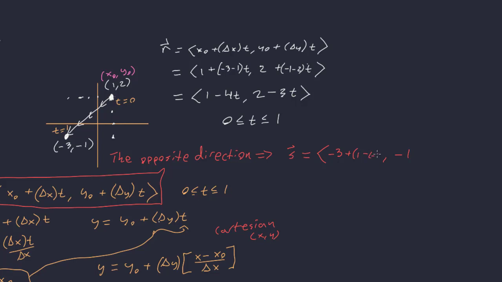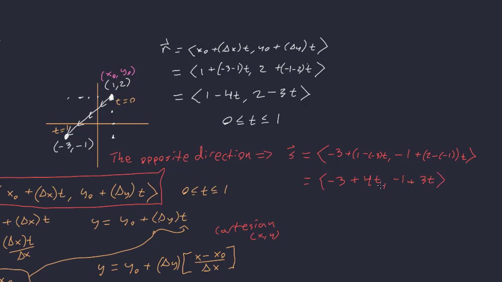minus a -3t, okay, and then -1 plus, now it will be 2 minus a -1t. Okay, so it will end up being -3 plus 4t, and then -1 plus 3t.